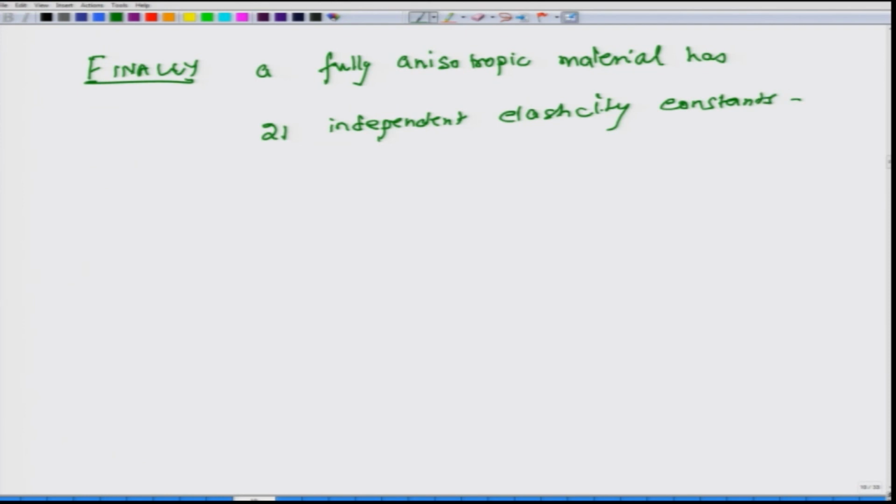Okay. It has 21 independent elasticity constants.